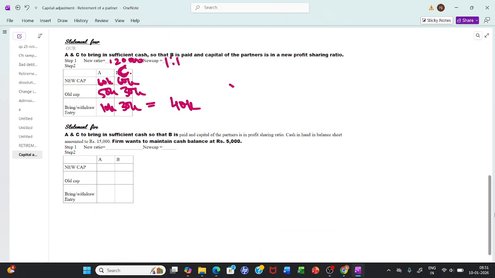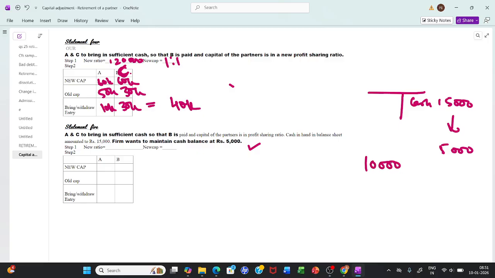Last statement under this is, which is same as statement 4, but here you want to maintain certain cash balance. The old balance sheet has cash of 15,000 and they say even if we have it 5,000 it is okay. So that means firm has 10,000 rupees to pay to this person who's retiring.